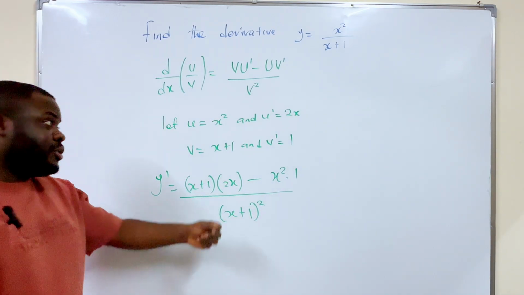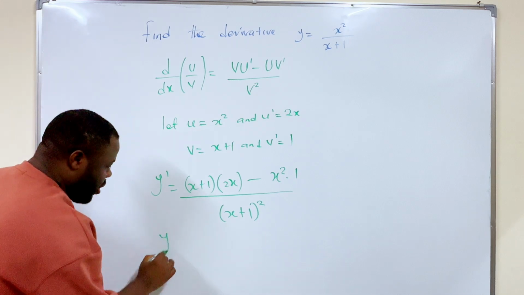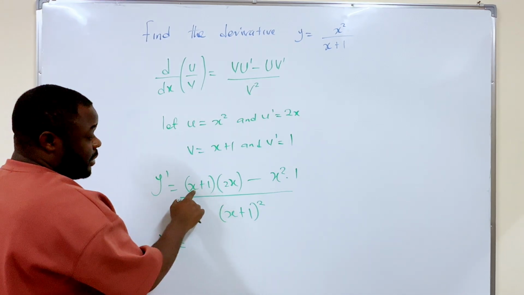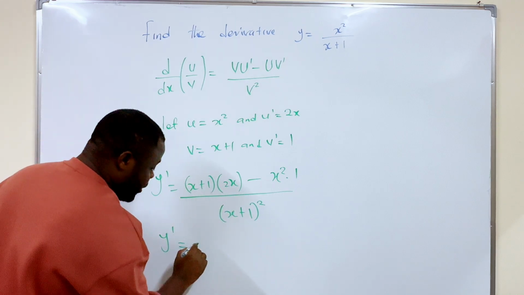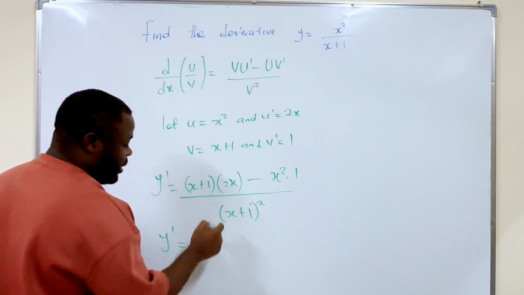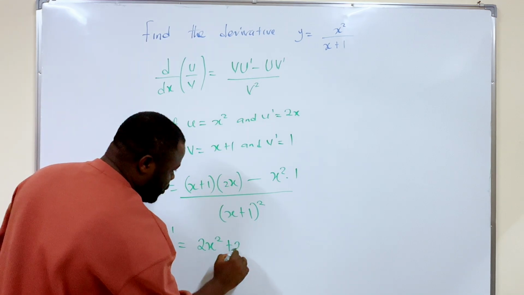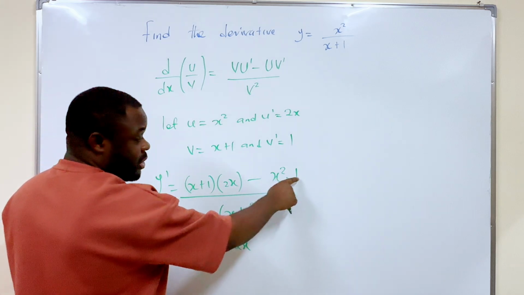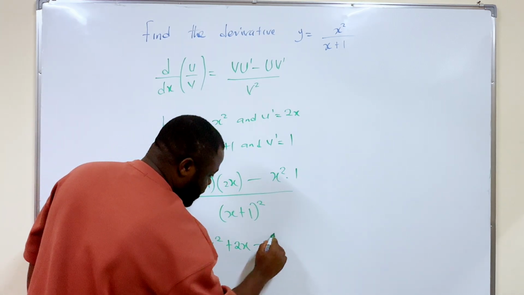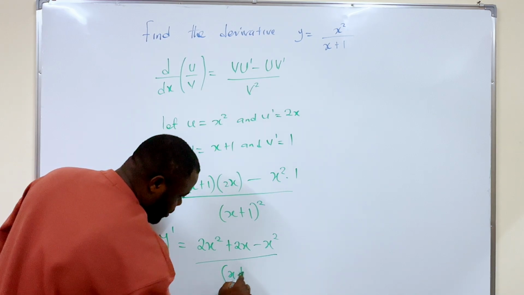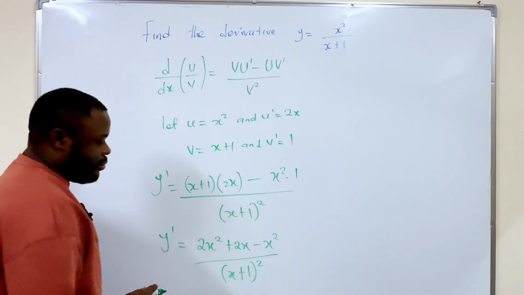What we just need to do is expand this. So I have y prime equals x multiplied by 2x gives 2x squared, 1 multiplied by 2x gives plus 2x, and x squared multiplied by 1 gives negative x squared, all over x plus 1 to the power 2.